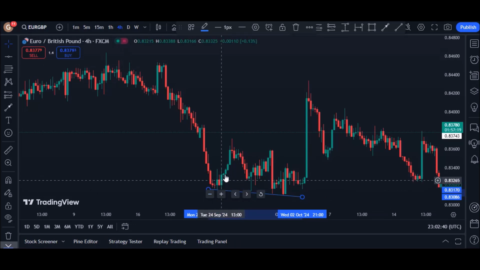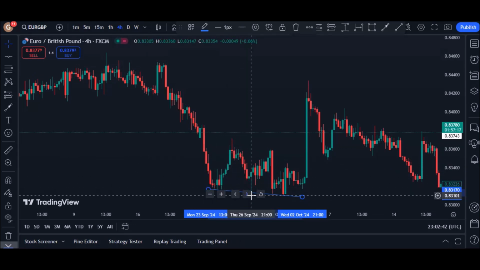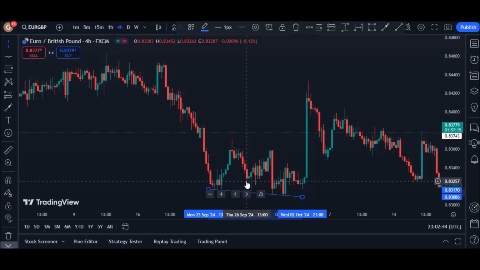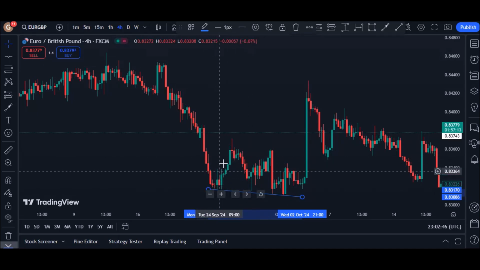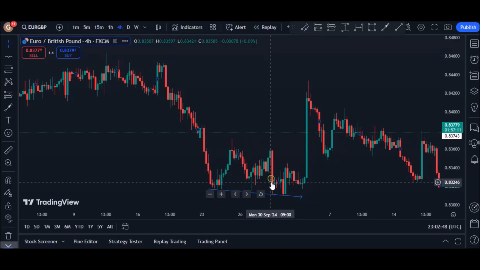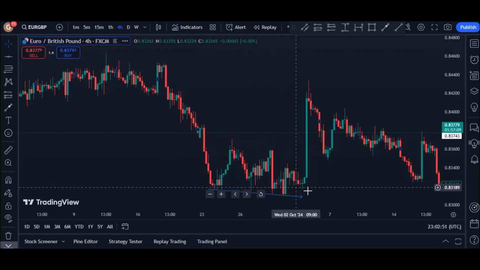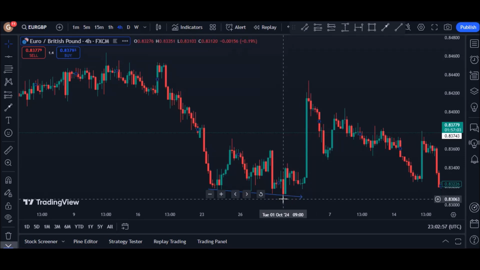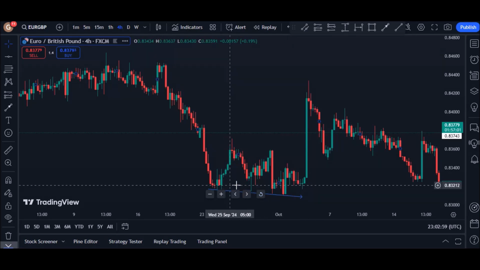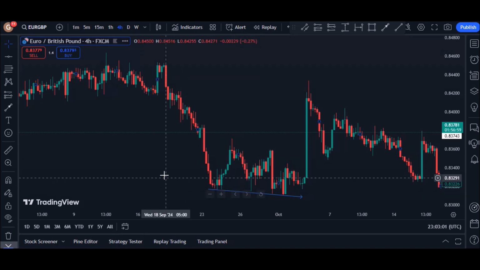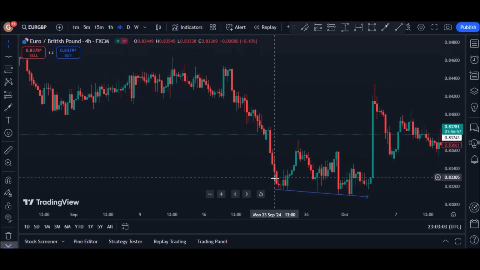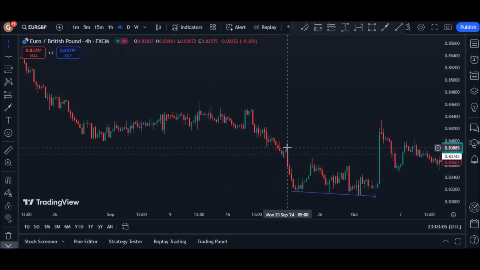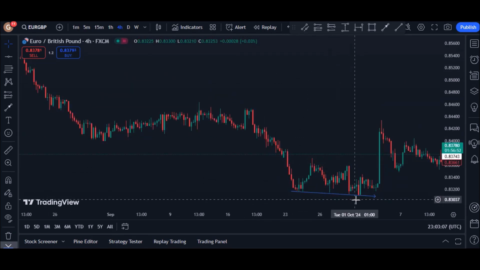So this shows that it took price days to make this move. So when price made this last downward move here, it took the lows of previous days. As you can see, it took previous days lows.